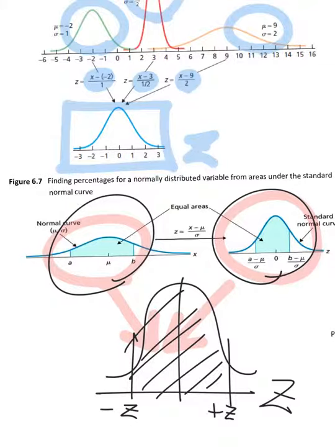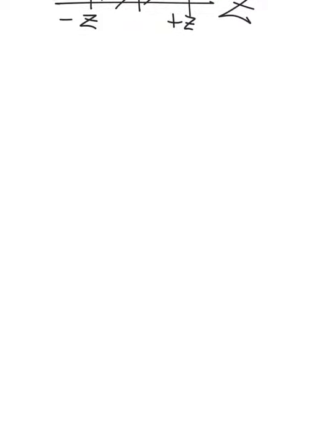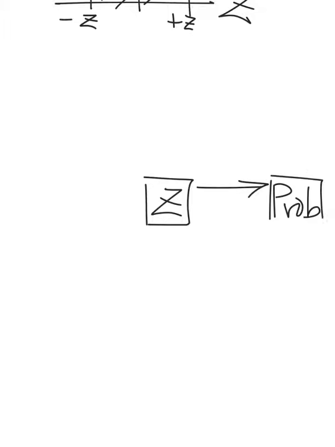Okay? So now I can make the map additionally. Yesterday I gave you the map from the z, take the probability, or even the reverse way, using the z-table. We took the probability, or even we took the z-score from a given probability.